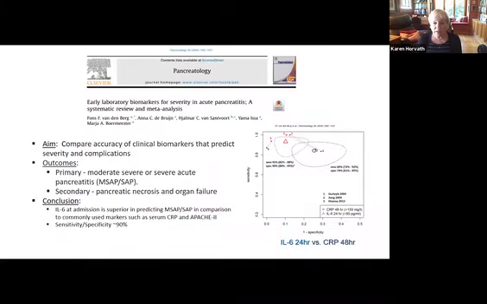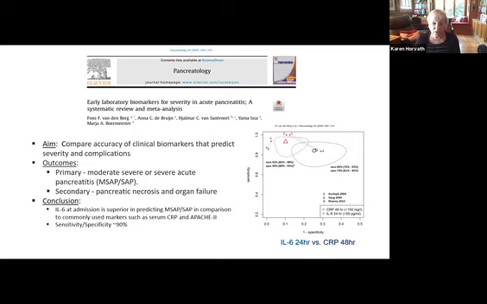As far as identifying these patients, there was a very interesting systematic review and meta-analysis done last year from the Dutch Pancreatitis Study Group, looking at the early laboratory biomarkers in their ability to predict severity. The outcomes of the study were those patients that developed moderate-severe or severe acute pancreatitis, and or patients that developed pancreatic necrosis and organ failure.